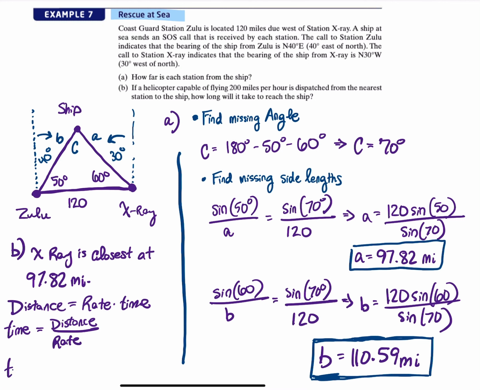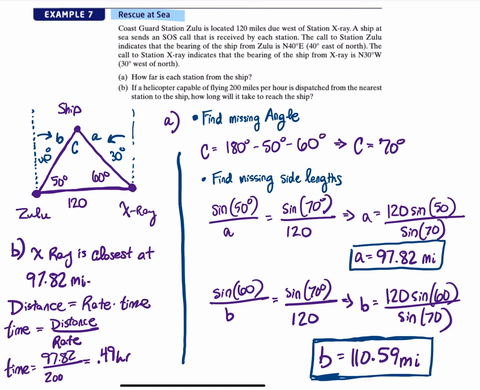So our time should be the distance of 97.82 miles divided by the rate of 200 miles per hour. That gives us about 0.49 hours.